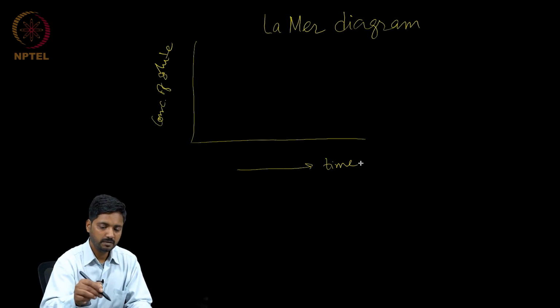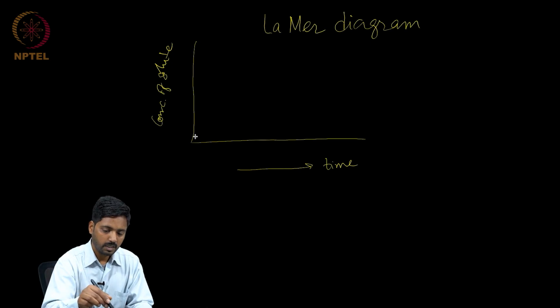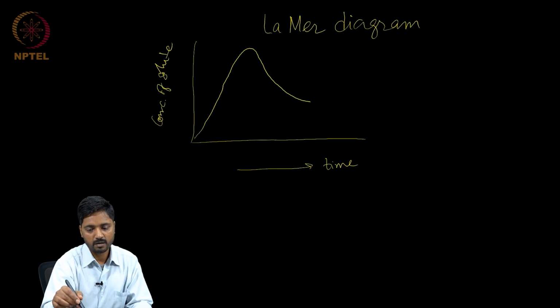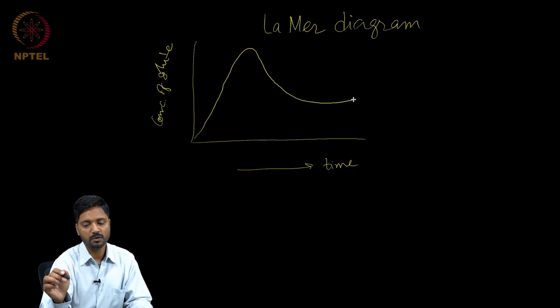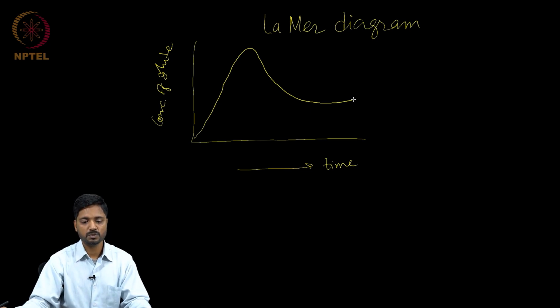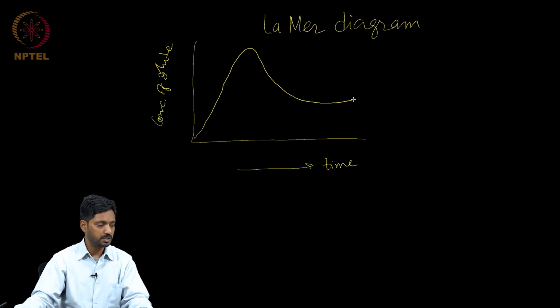Initially the solute concentration will keep increasing, it will hit a point where we can no longer keep adding more and more solute into the medium, and the solute starts precipitating, and after a while we reach an equilibrium condition.